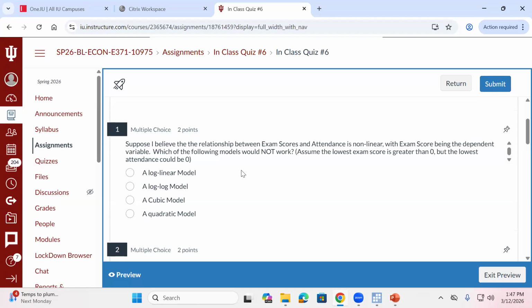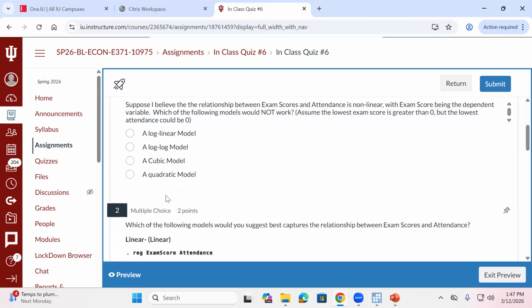The only time I can't use a squared or cubic model is if the only values are 0 and 1. So I can't use squared and cubic models for dummy variables, but it's okay if the variable itself includes 0, as long as there are other values in there as well, like 1, 2, 0.5. Okay? So the only one I can't use here should be this log model, right? I can't take the natural log of that x variable.